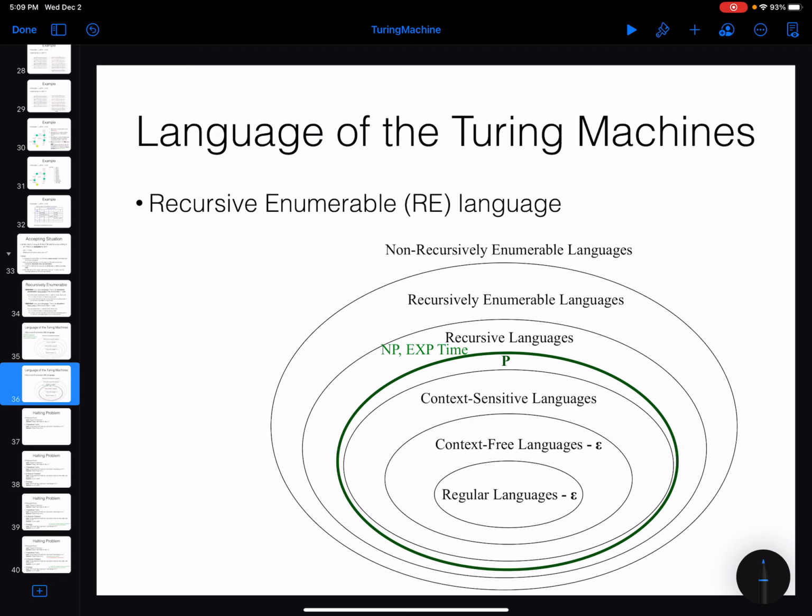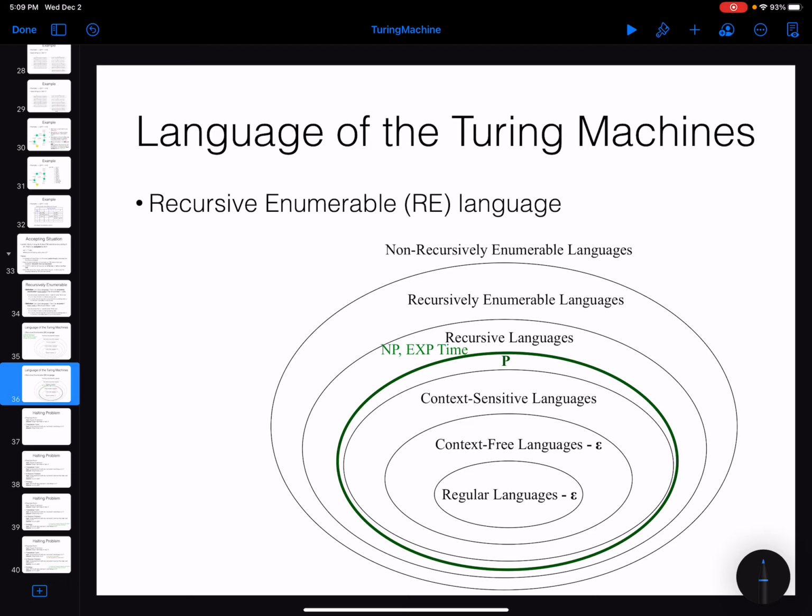The set P are those problems that we can write an algorithm for that runs in polynomial time. So everything that we have discussed in this course, and more than that, is going to be a part of the polynomial problems.